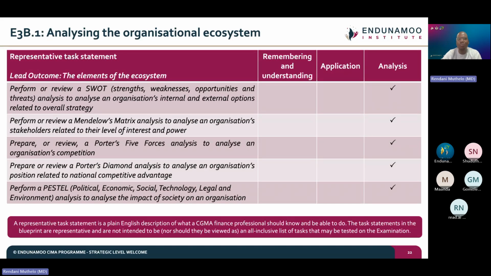For instance, I need to prepare or review a Porter's Five Forces analysis to analyze an organization's competition. So these are the things that we'll be doing and mastering.